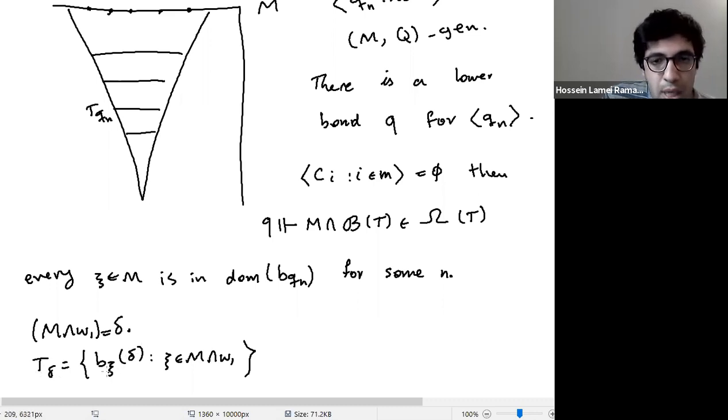But there's going to be some psi in M intersect omega 1 such that big psi of delta is that element. So big psi delta of that original branch that we took is going to be above this ordinal. So M is going to capture every branch.